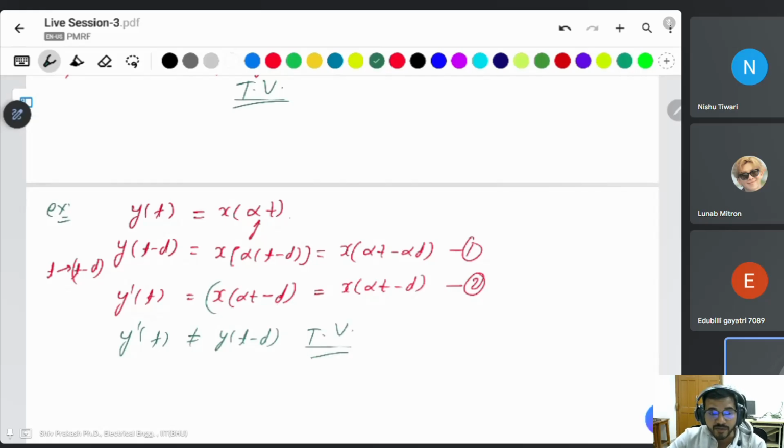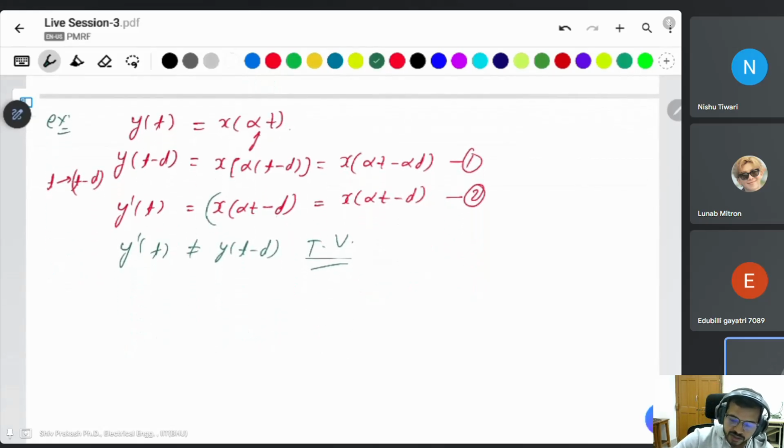Then what is a time invariant system? Let's check another example. Suppose y(t) is equal to x(t plus or minus 4).